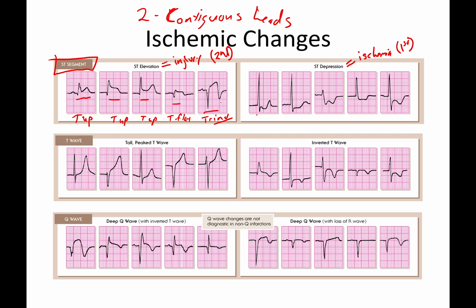The T wave is inverted on this one because it comes back down below that isoelectric line. For here, the T wave is up, inverted, just a little bit up, and this one is inverted here.